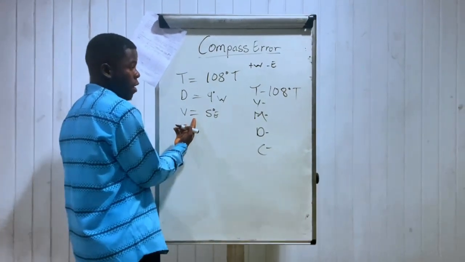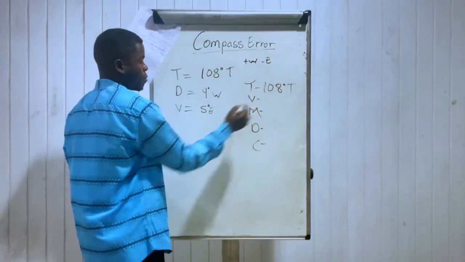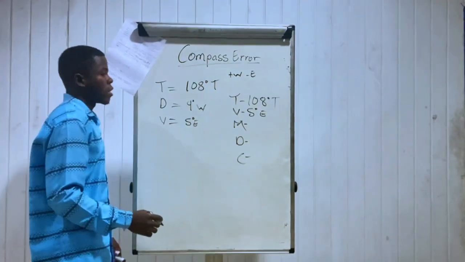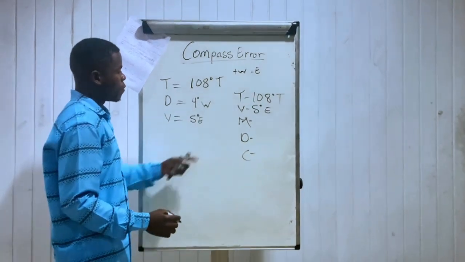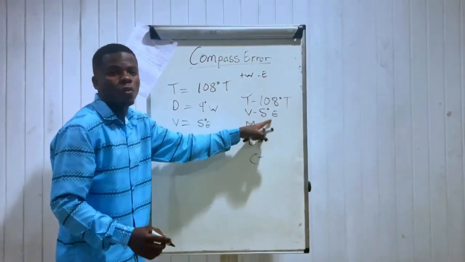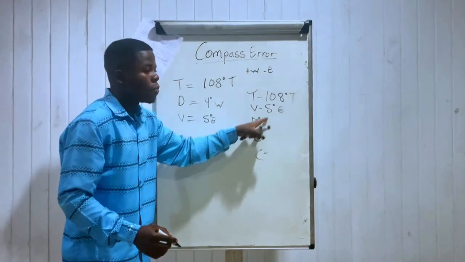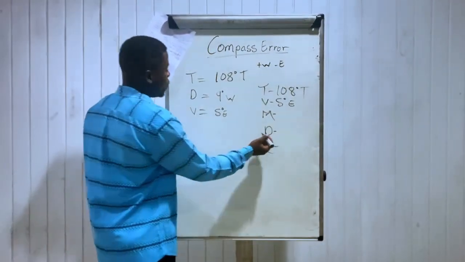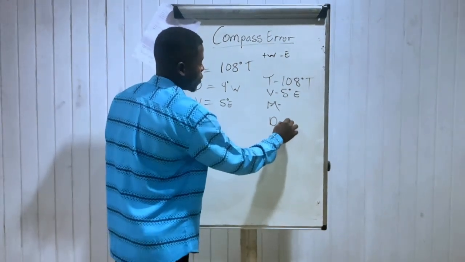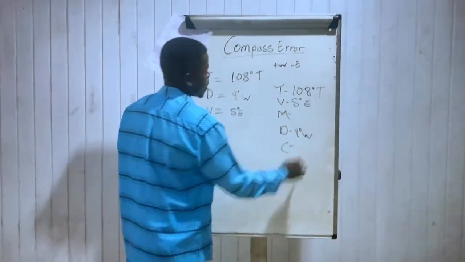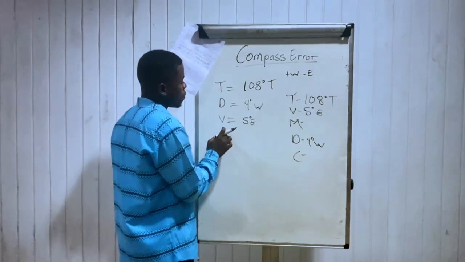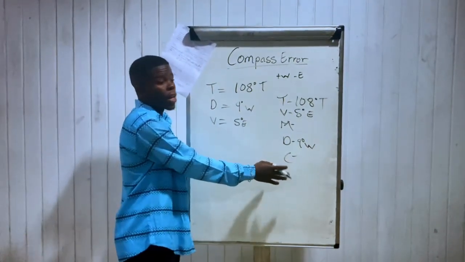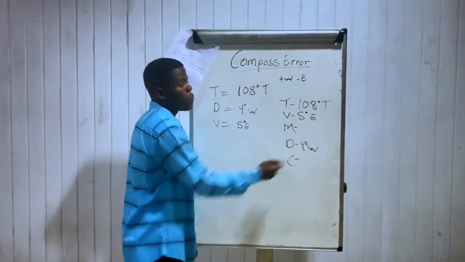Our variation is 5 degrees east, and we don't know our magnetic. Our deviation is 9 degrees west, and we don't have our compass.